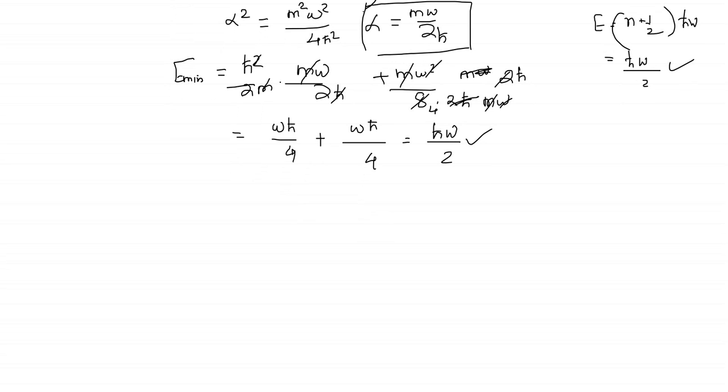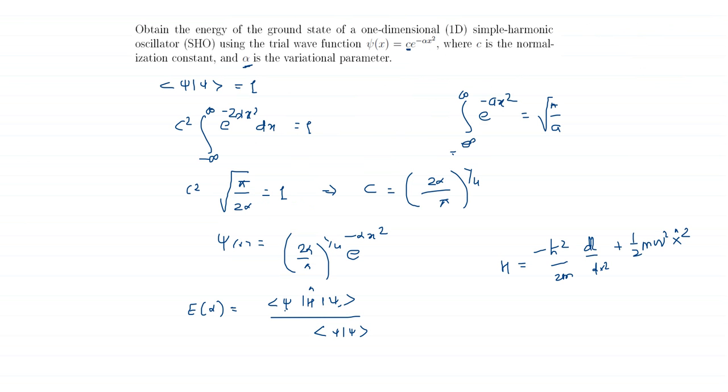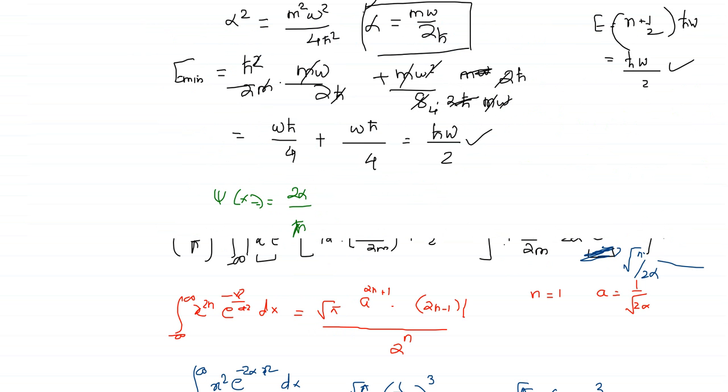So the wave function we already knew, psi of x we already calculated. It was what is 2 alpha upon h bar. Let us check what it was. I am not remembering. So this was our C, so 2 alpha upon pi. So it should be 2 alpha upon pi, e raised to minus alpha x square, and this whole raised to 1 by 4. Now for the ground state energy we know what alpha is.